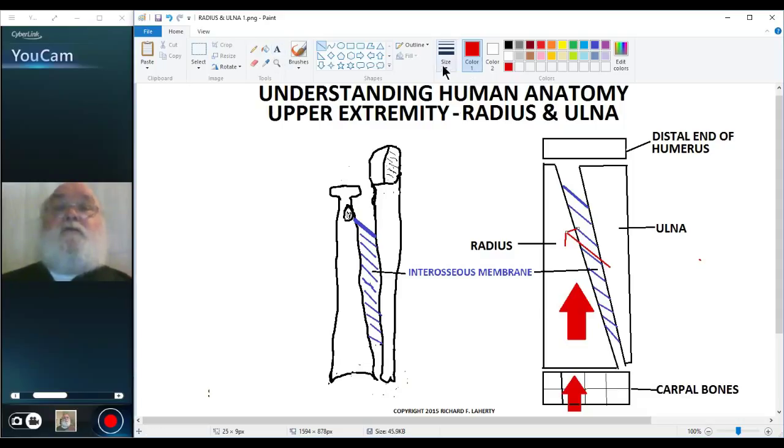Transmission of force from the radius to the ulna. And so the force that originated down here in the wrist and hand is transferred over to the ulna and then the ulna in turn can transmit it to the humerus.